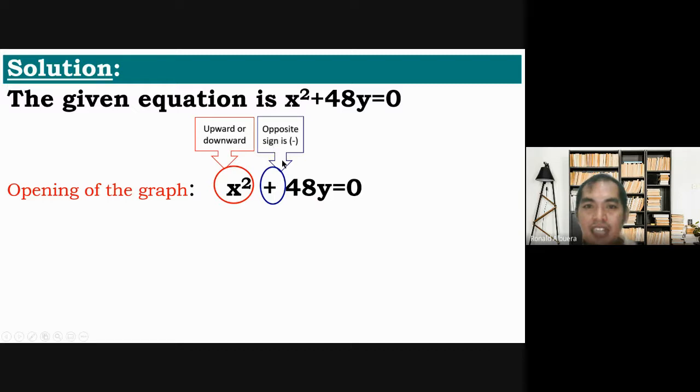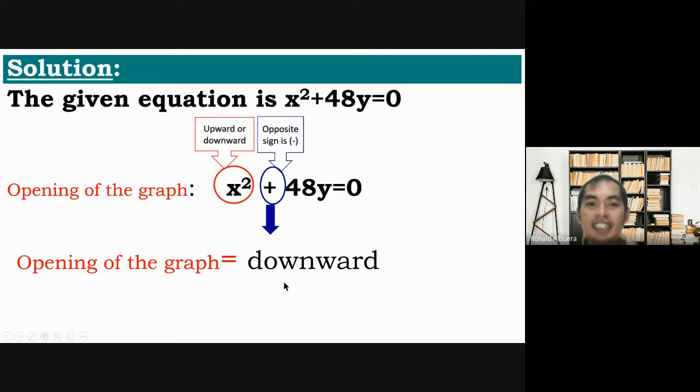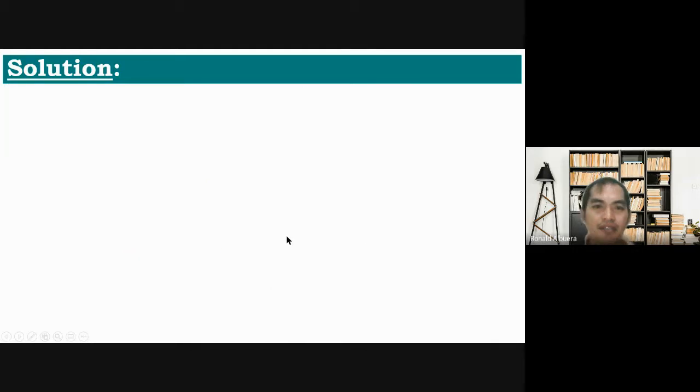When you transpose to the other side, it became negative. Kaya nandito ang clue, opposite sign is negative. Itong opposite sign na negative, yan ang ma-determine sa opening of the graph. It means the graph is downward. Yun lang, madali. Kung ayaw mo yan, ilipat mo sa kabila. It's easy. It became negative and downward.